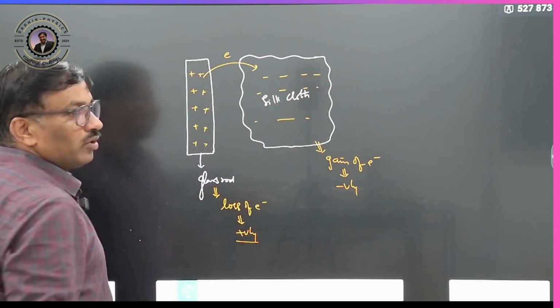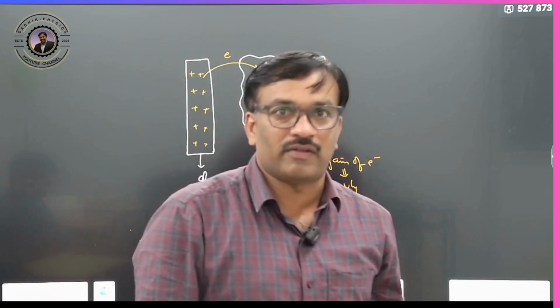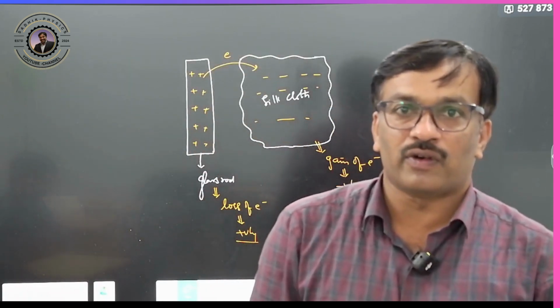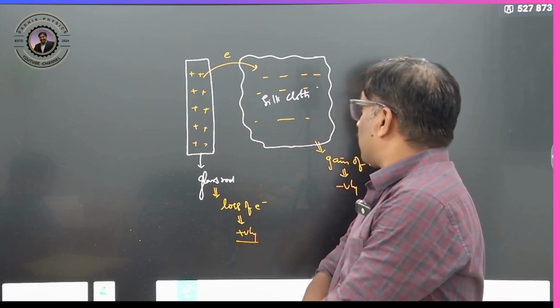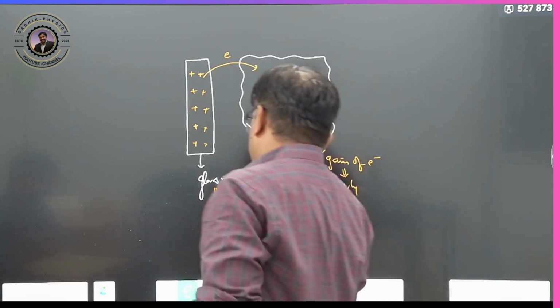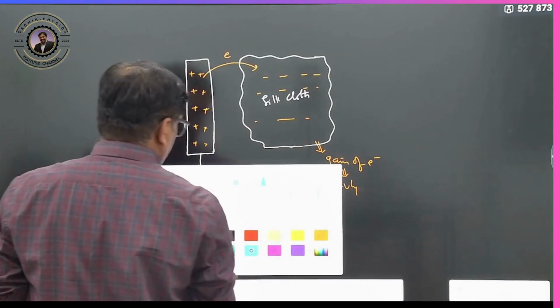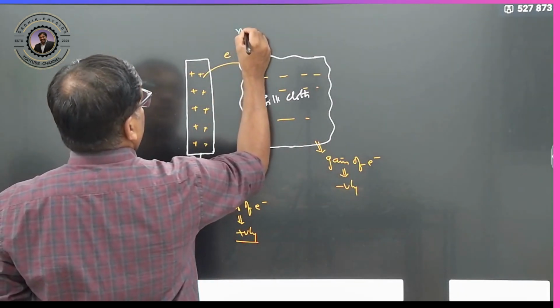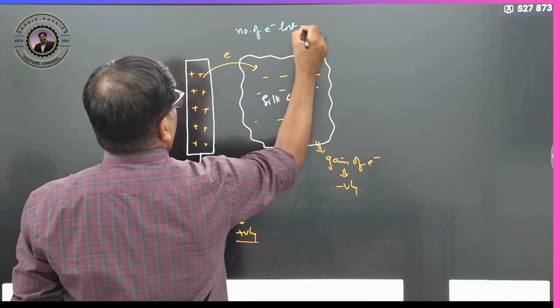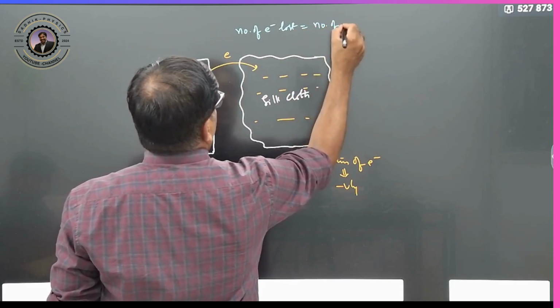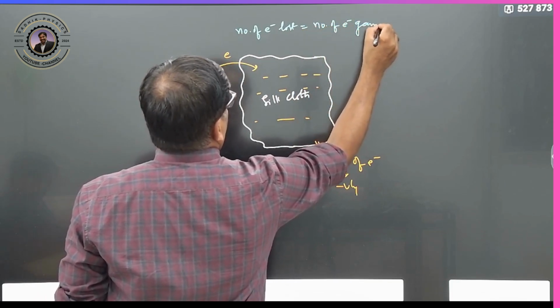You know we cannot create charges and we cannot destroy charges. Therefore, the number of electrons lost from the glass rod will be gained by the silk cloth. This is nothing but the law of conservation of charges. The number of electrons lost is equal to the number of electrons gained by the silk cloth. Clear?